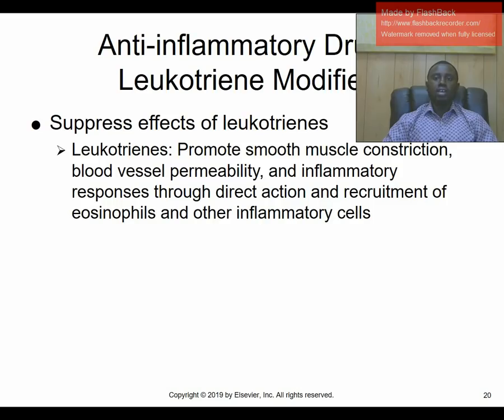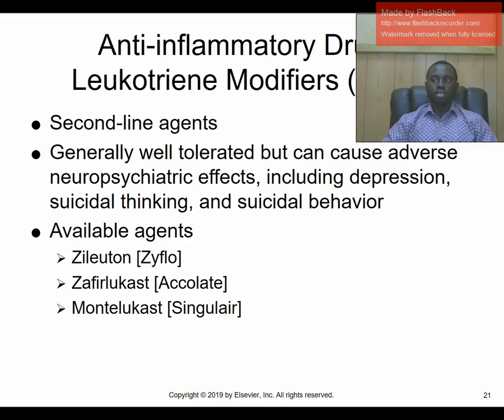There are three options of this type of drug that are available in oral forms. Generally, they are very well tolerated, but they can also cause some adverse reactions and neuropsychiatric effects.